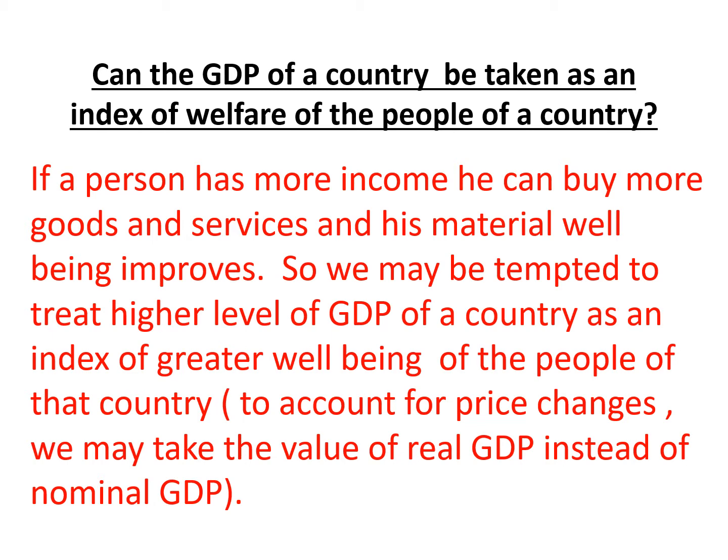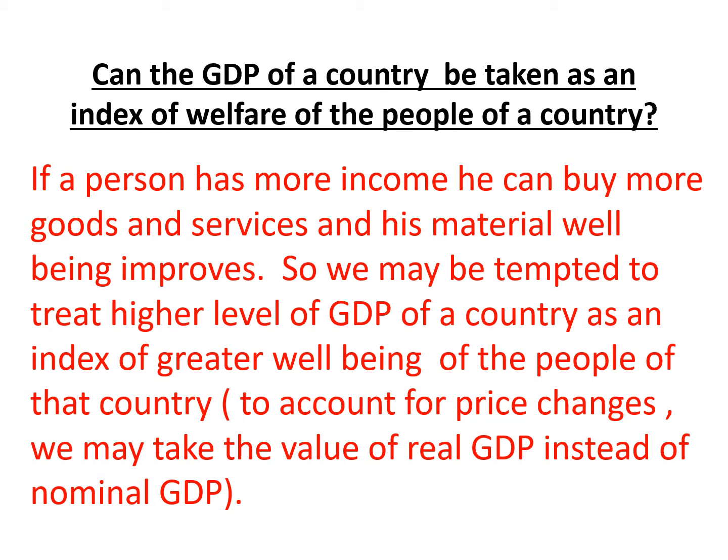Now, other things remaining constant. When we are talking about other things, we're talking about the price level remaining constant, and I have already discussed this with you in module 7, wherein I drew a distinction between nominal GDP and real GDP. So when the price level remains constant, this means greater availability of goods and services per person, implying a higher level of welfare.